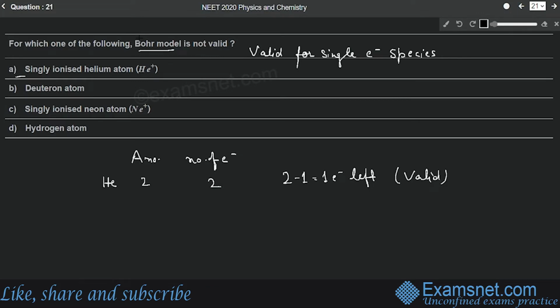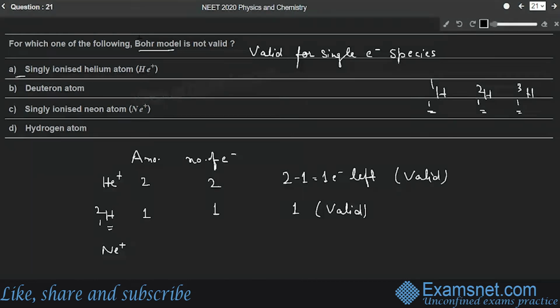Now we come to the second one. Here we have deuteron atom, that means H-1-2. We know that hydrogen has three isotopes, H-1-1, H-1-2 and H-1-3. In all of them, the atomic number or the number of electrons remains the same, that is 1. Only the mass number varies, so the number of electrons will be 1 in deuteron as well. So the Bohr model will be valid for this as well. Now we come to the third one. It is singly ionized neon, Ne+.